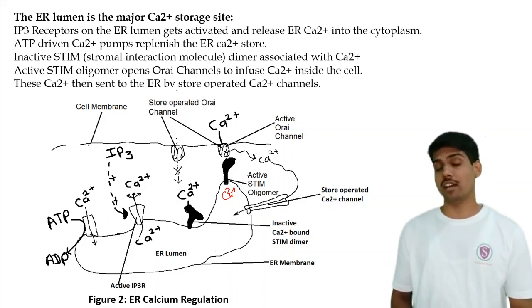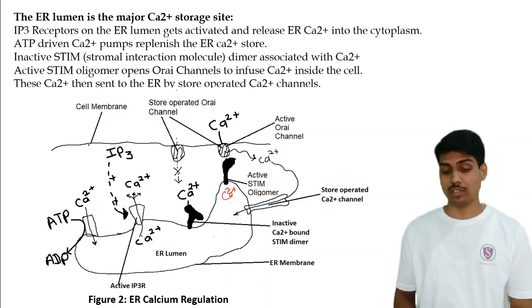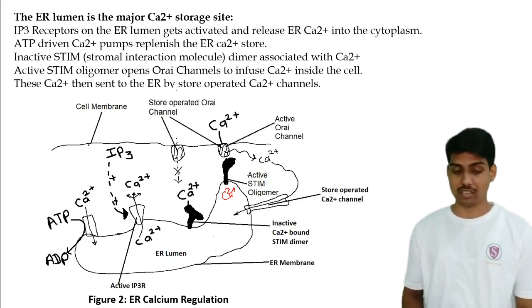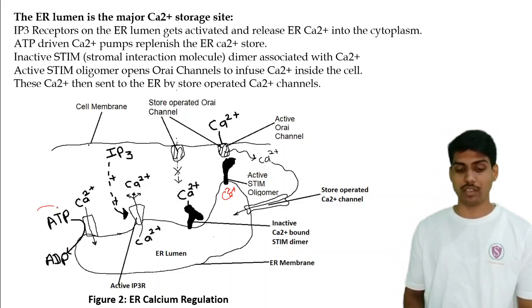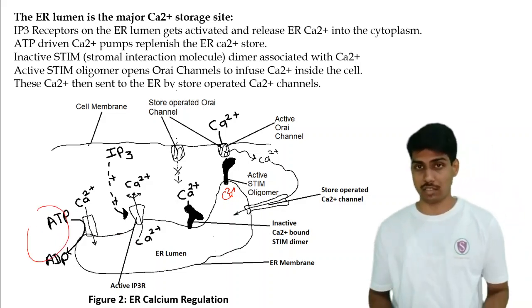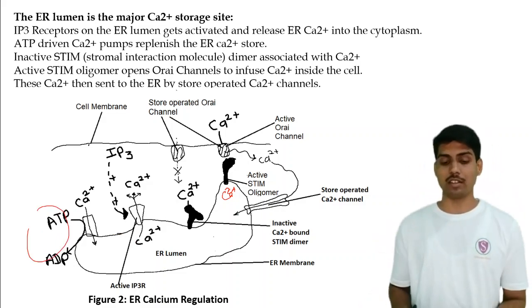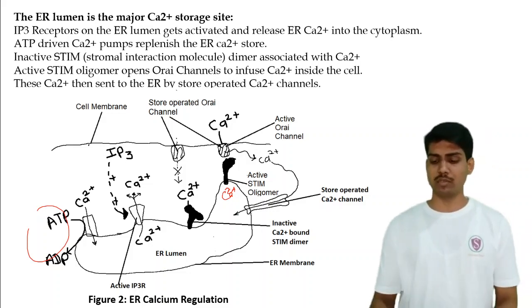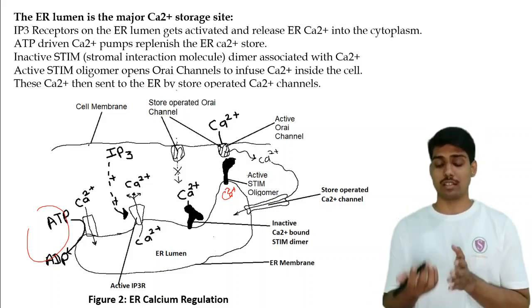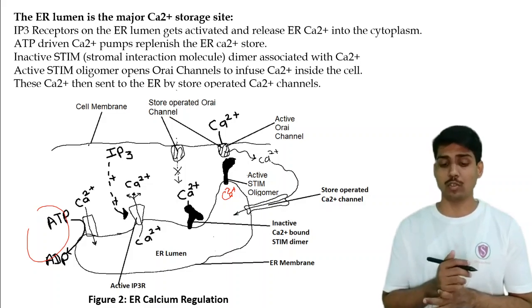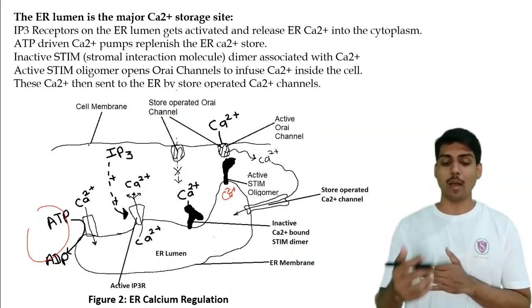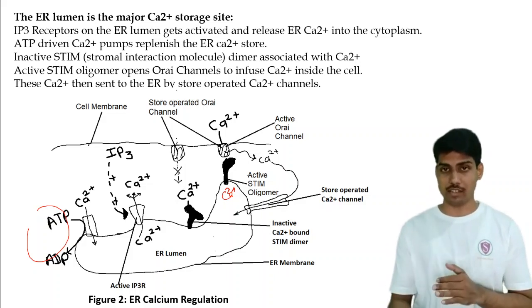And when the levels of calcium inside the cell decrease, this ATP-driven calcium pump also balances the calcium ionic gradient across the membrane. So this is one of the functions of the smooth endoplasmic reticulum, how it maintains the ionic gradient inside the cell.